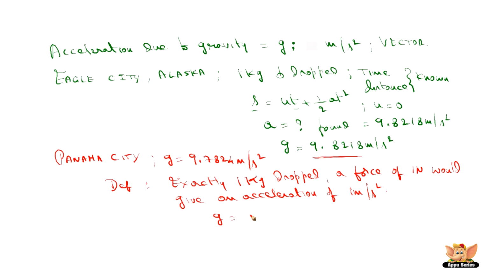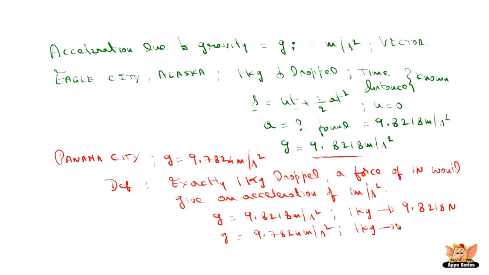Means if g is 9.8218 meter per second square, 1 kg of mass gives a force of 9.8218 Newton. And if g is 9.7824 in Panama City, then on 1 kg of mass we get a force of 9.7824 Newton. This is called the weight of the object.